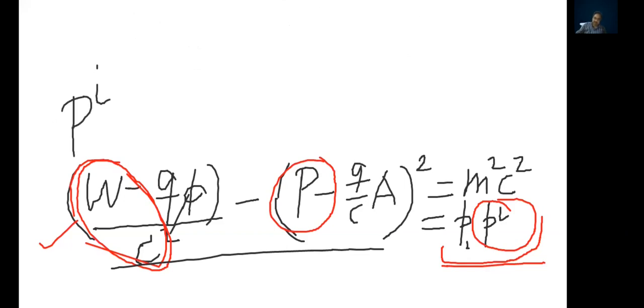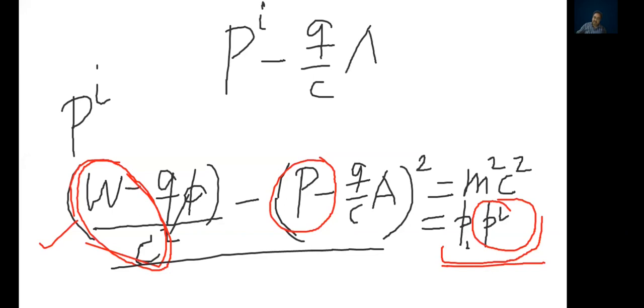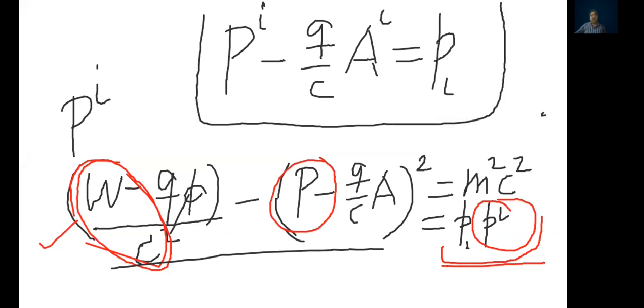So remember, we can write this as Pi minus Q by C, and the phi and A can be written in a combined manner as A_i is equal to, on the right I can write down Pi. Now try to understand this expression, and with the help of the expression down below.